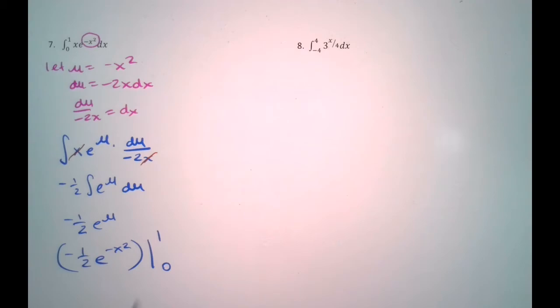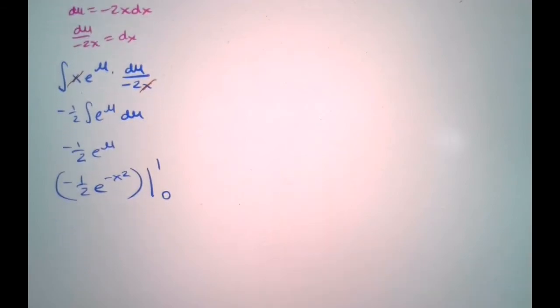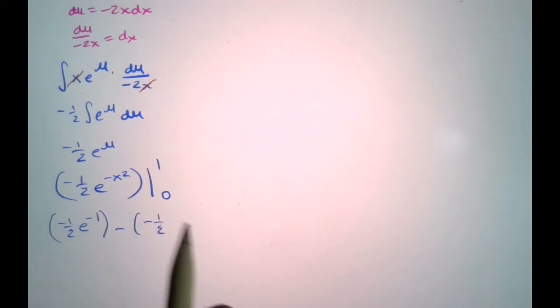Okay, so they were absent here, and then I bring them in right at the moment that I actually convert to the x variable. And now we'll use that fundamental theorem of calculus, which I'm going to go ahead and plug in a 1 for x into that expression. Then I'm going to subtract, and now I'm going to plug a 0 in for x.